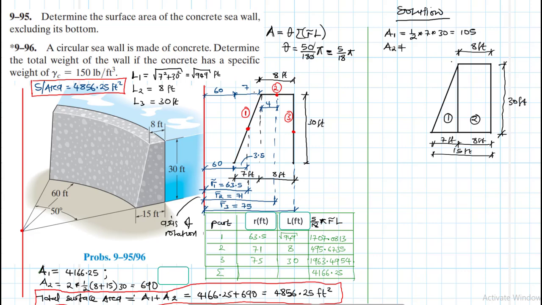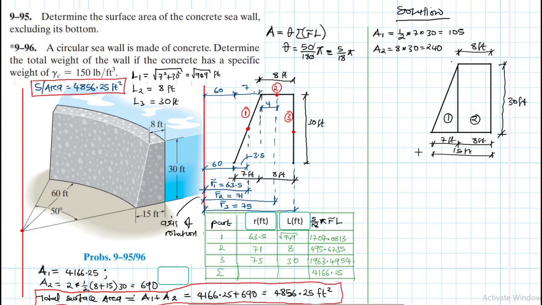Area 2 is just 8 by 30, and this is equal to, let me move this, this is just 240, right? This is 240. So we found the areas.